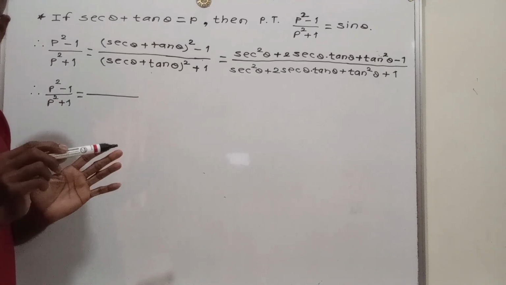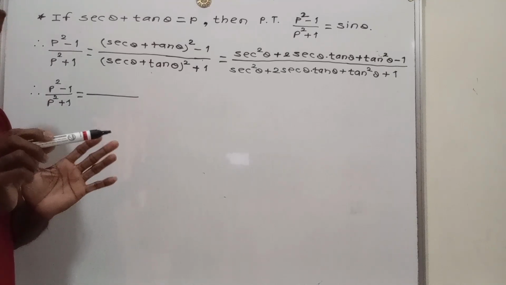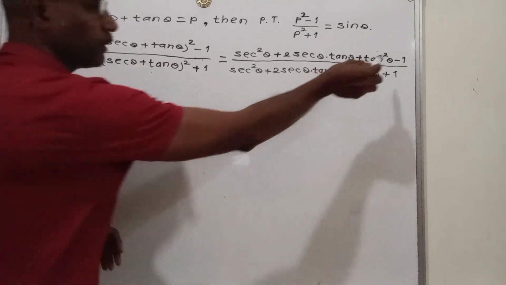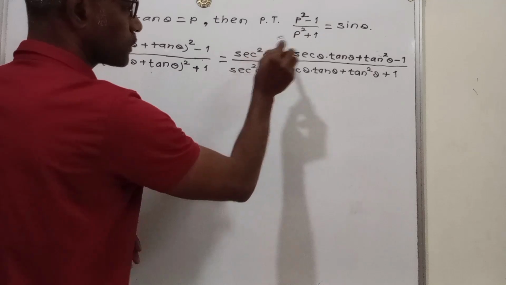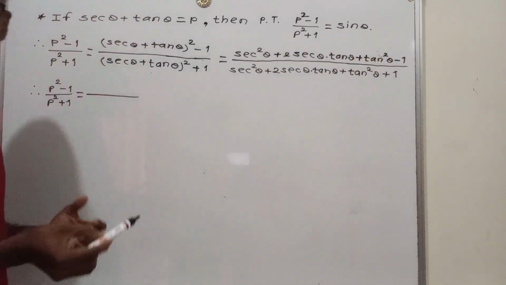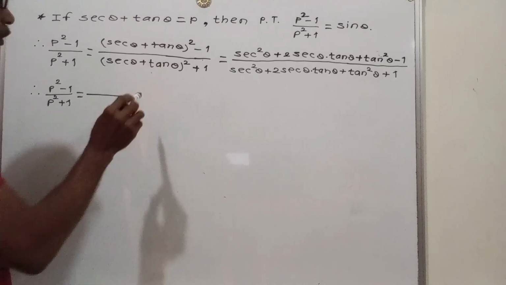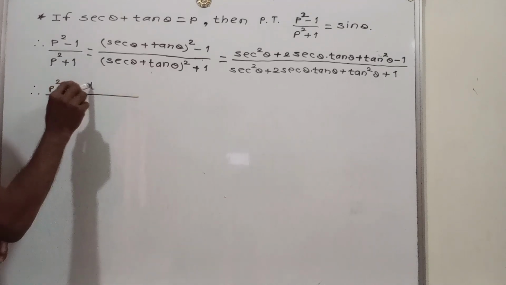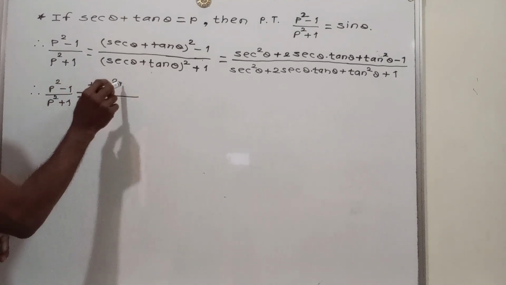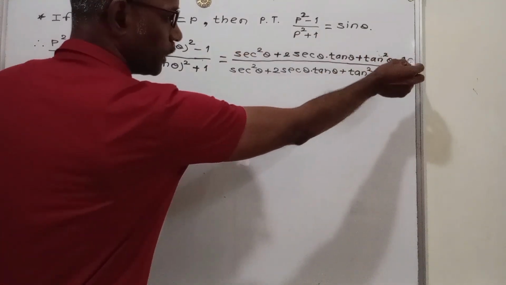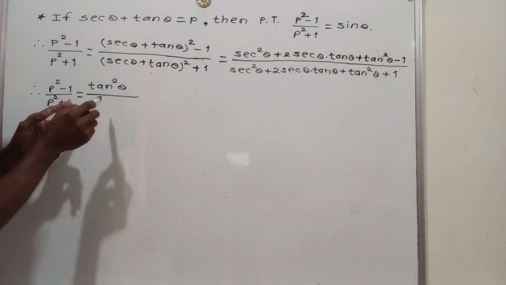Sec square theta is equal to 1 plus tan square theta. That 1 we take to the left side, then it becomes minus. Therefore sec square theta minus 1 means tan square theta. Okay, therefore we write here tan square theta.